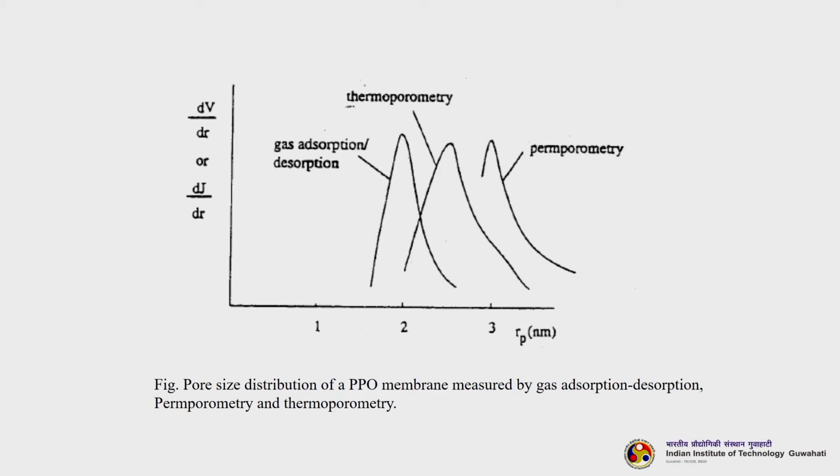You can see that the gas adsorption-desorption and thermoporometry data are very close to each other, and both of them measure the dead-end pores also. However, permporometry gives slightly higher data, the reason being that it characterizes only the active pores.